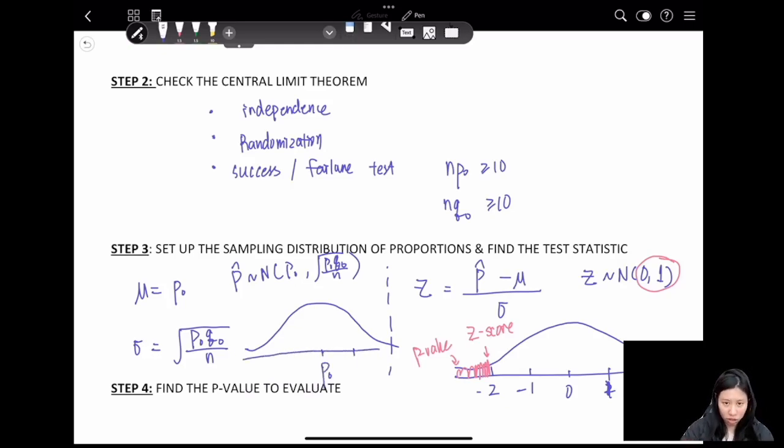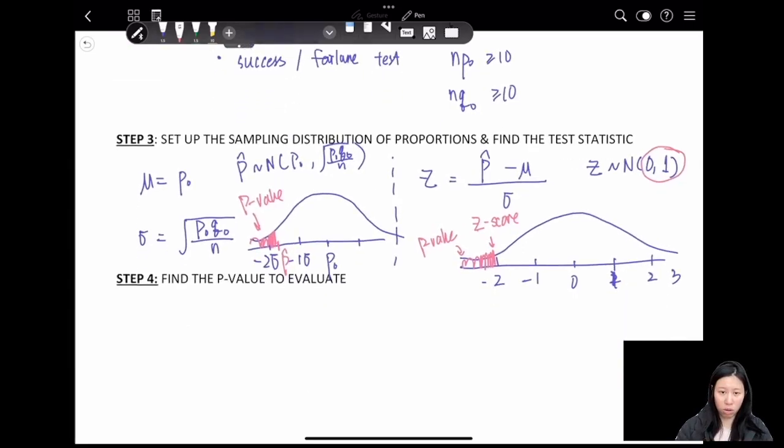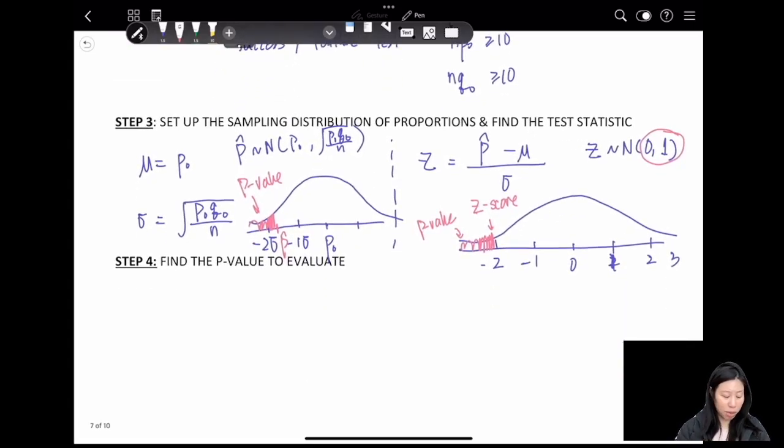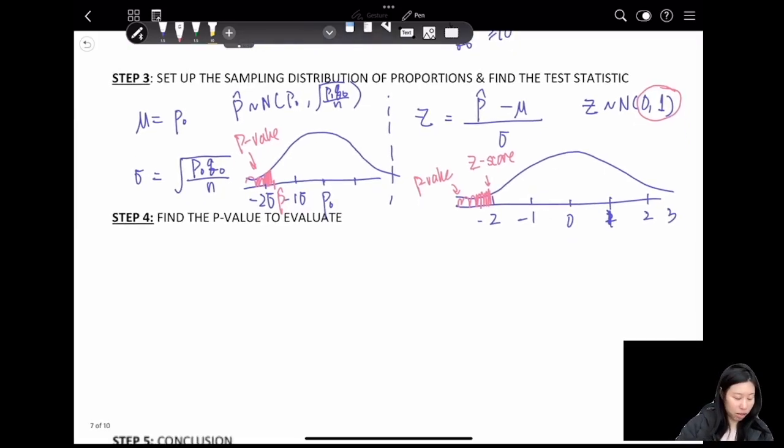So the center would be p naught, and then subtract 1 sigma, and then subtract 2 sigma. So our p hat, instead of z-score, should be in here. So we will have a p-value. No matter which way you use, they should have the same p-value and z-score. And then we find the p-value from GeoGebra and evaluate it.